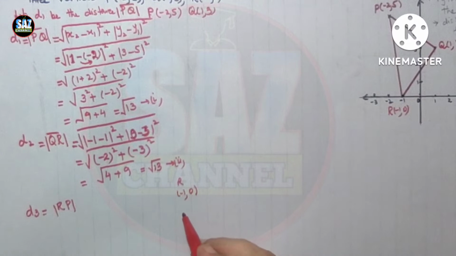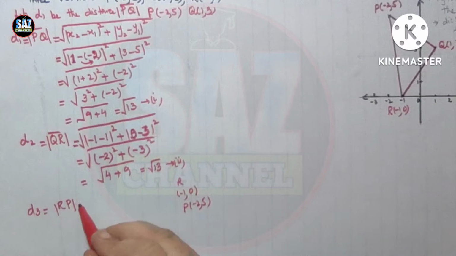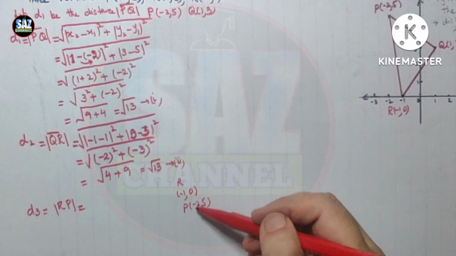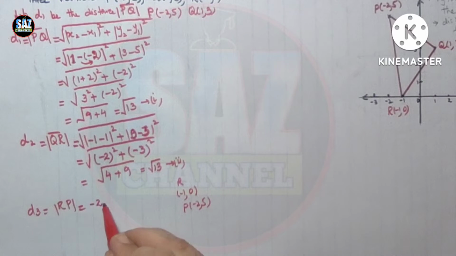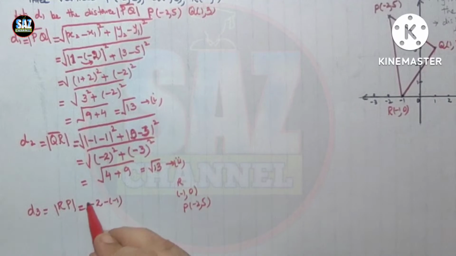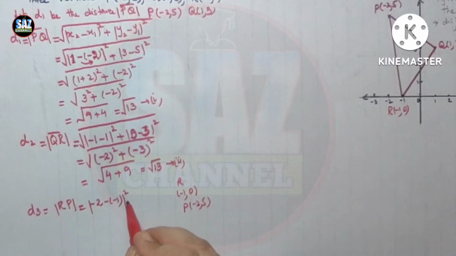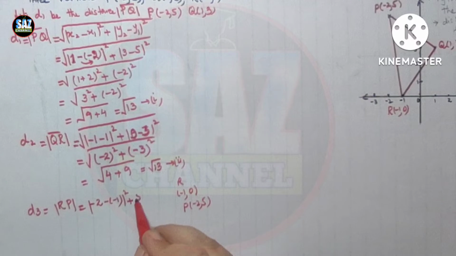Now I have to take the difference: X2 minus X1, this is (-2 minus (-1)) whole square plus (5 minus 0) whole square, under the square root.